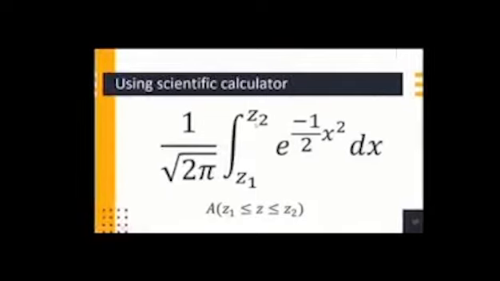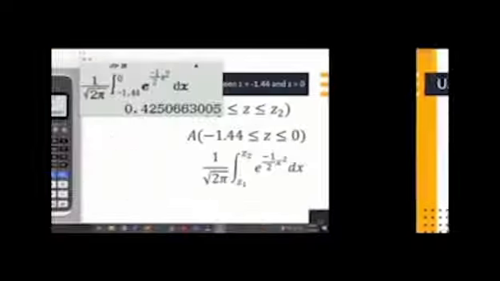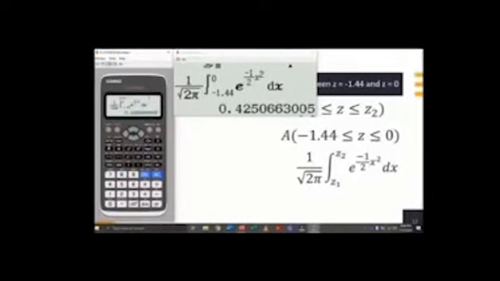So kailangan marunong tayong gumamit ng scientific calculator. So nakikita ninyo ay mapapalitan lang dyan yung Z1 at saka Z2. Ang Z1 ay yung pinakamababang number at saka yung Z2 yung pinakamalaking number.